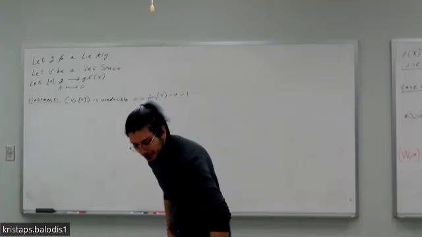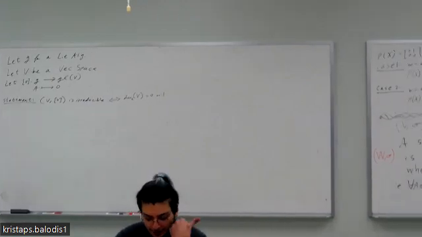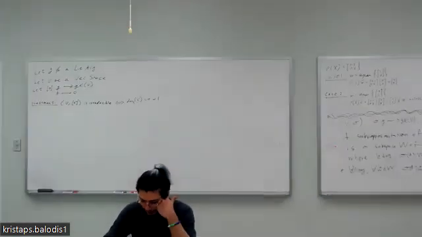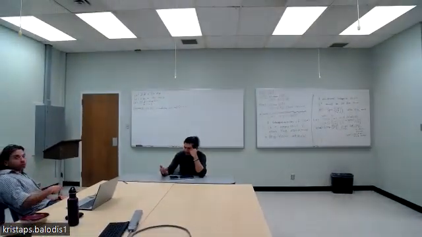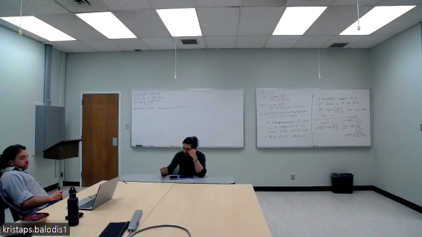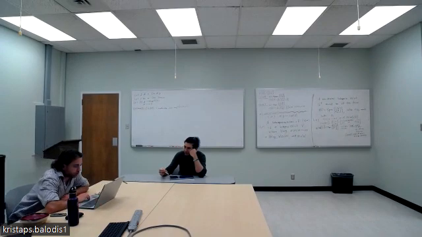Sick. Yeah, great. Anything in particular you wanted to go over? If you want, we can go over the general representation theory that you mentioned earlier. Yeah, I suppose so.